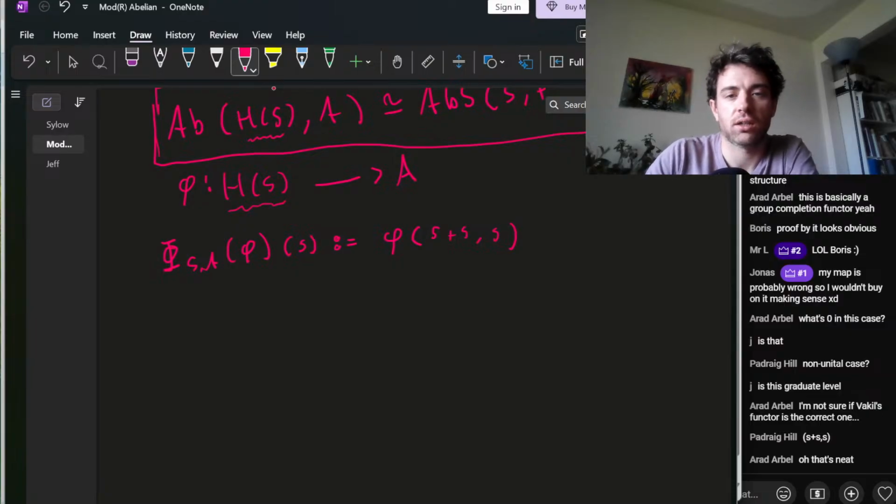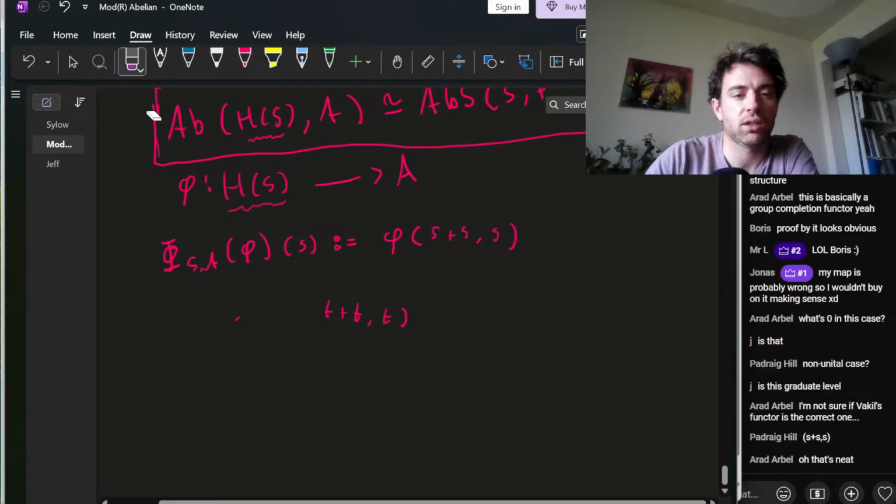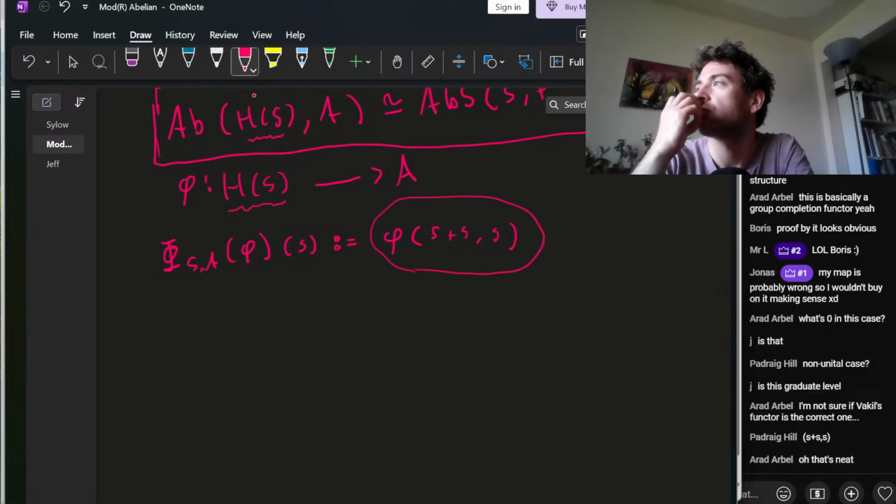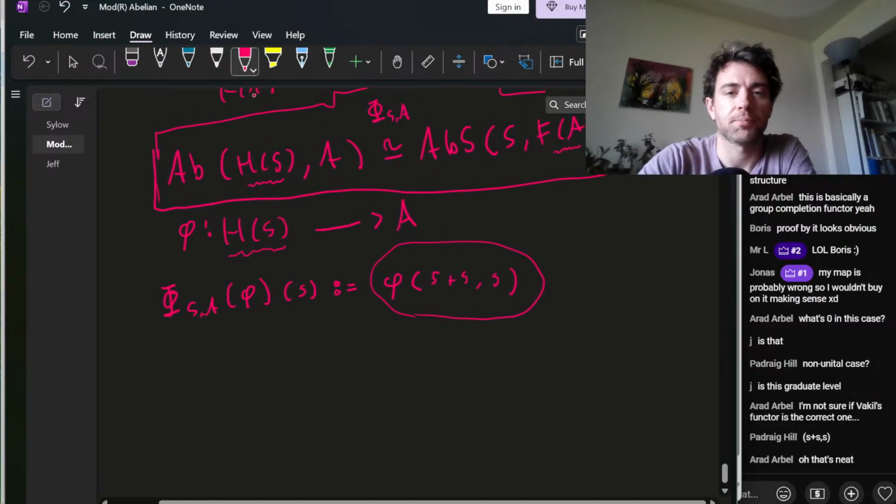And then, to see it's well defined, if S plus S, S is equal to T plus T, T. Well, wait a second. It is well defined because we're putting in S as input and then just spitting this out. So yeah, it should be fine. Nice.